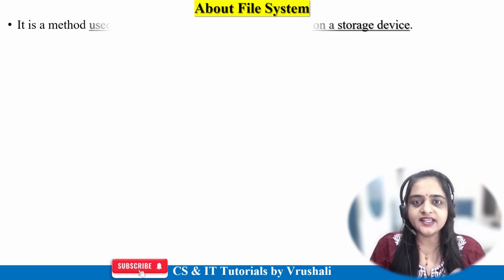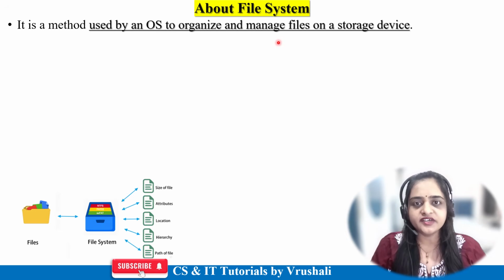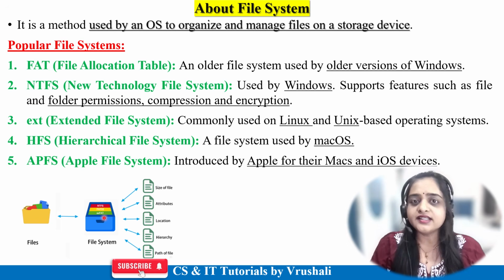Now, what exactly is a file system? Basically, the operating system uses the structure of a file system to organize and manage files on different storage devices. The file system manages the size of the file, different attributes, information stored in the file, locations, hierarchy, and path of a particular file. All this information is stored in the file system. Nowadays, there are different types of popular file systems. See here, the first one is the FAT file system, that is file allocation table.